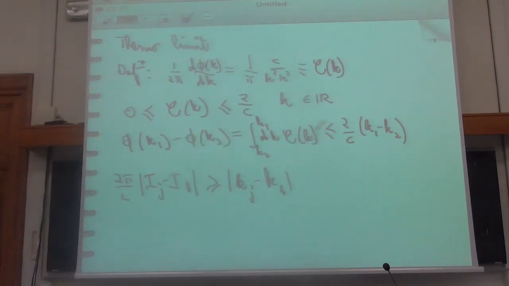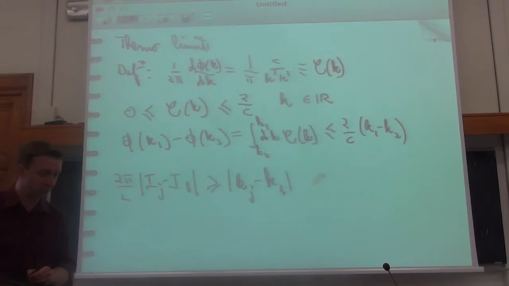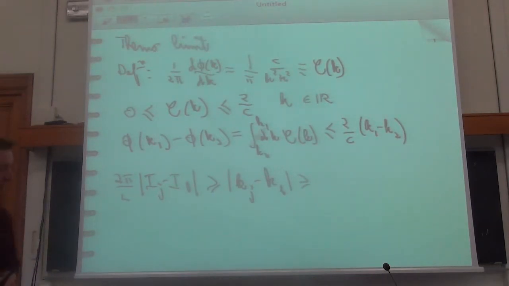Now this estimate allows us to write the inequality the other way, because then we can estimate the contribution from the scattering terms to the Bethe equations. Essentially you bound it this way, and then you count the number of terms that you have.